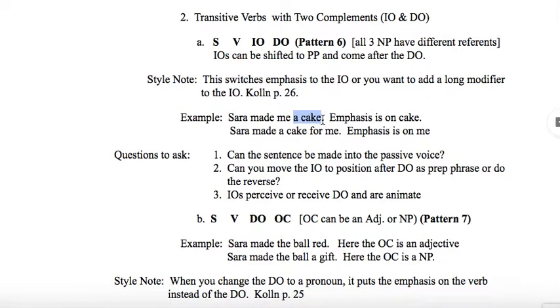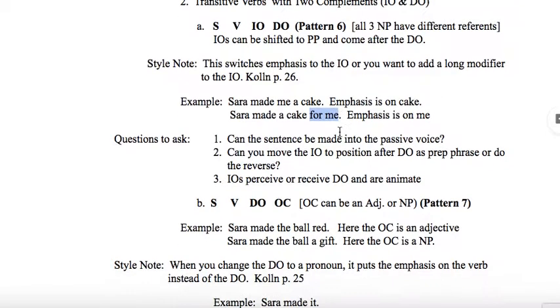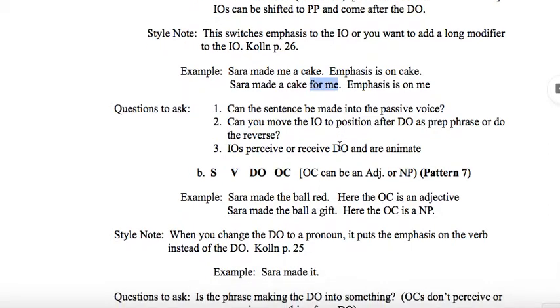A cake is the direct object because it's what she made, but she made the cake for me, so that's our indirect object. Sarah made a cake for me would be a direct object, object complement, but in this case we're putting that me in front of cake, and that's our indirect object. So that's two ways that that can be positioned.